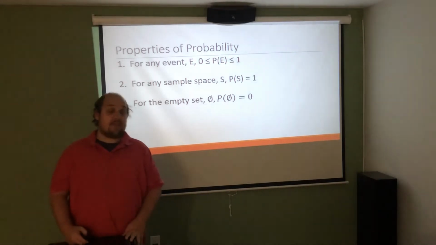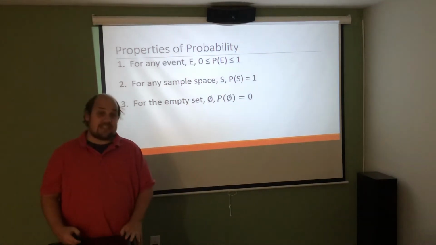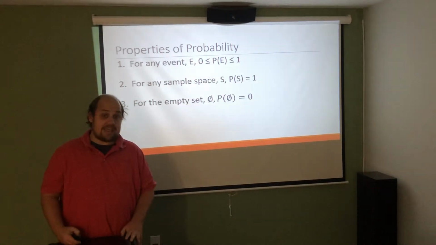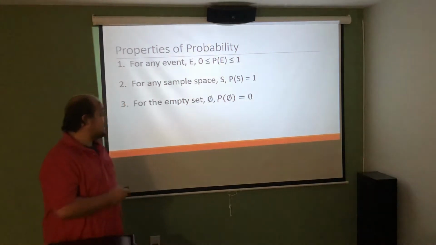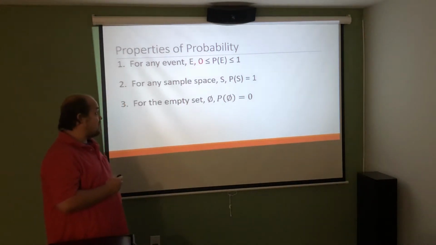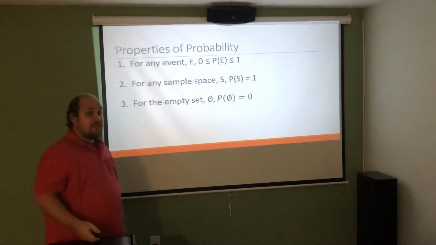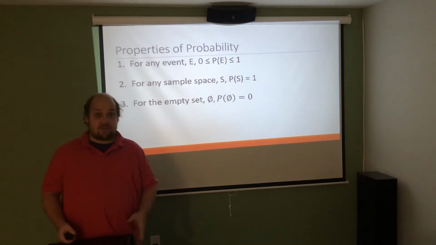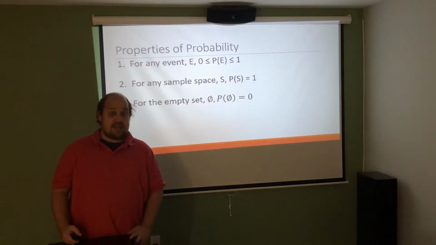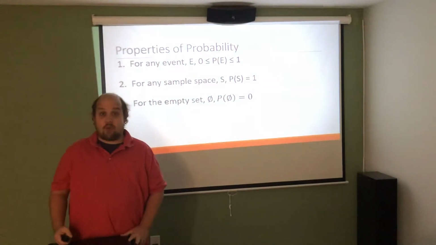If we think about them as percentages instead, what this is basically saying is that any event must occur with probability between 0%, meaning it never occurs, and 100%, meaning it always occurs. It's impossible for something to occur less than never. It's impossible for something to occur more than always.